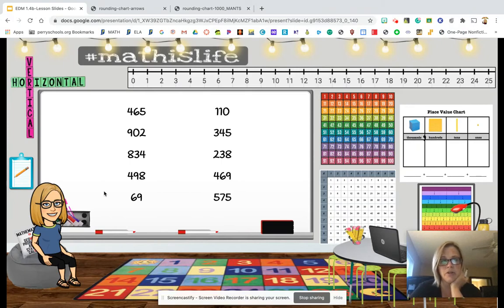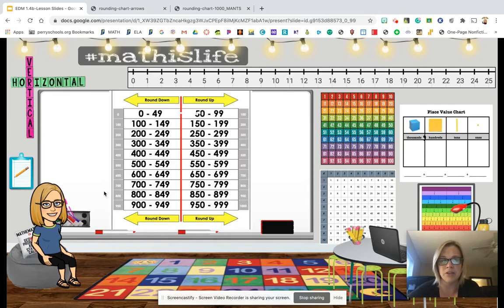On your paper, you will see that the rest of these are finished, and then you will have that whole side of 10 problems to do. There is a rounding chart for the hundreds. It's a little bit trickier to read, but if my number is 423, that's going to be between 400 and 449.